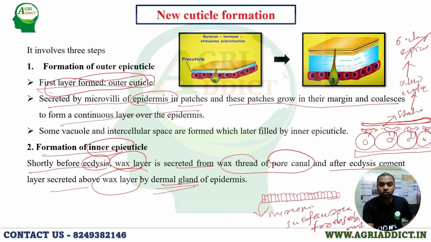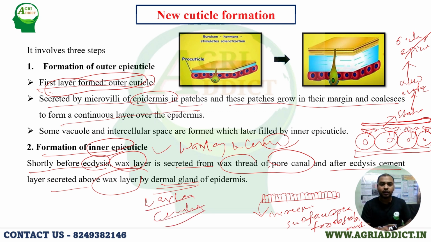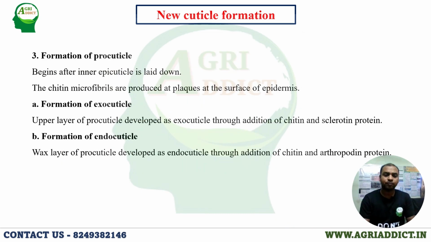So inner epicuticle contains mostly wax layer and cement layer. Just before ecdysis, this wax layer and cement layer are formed in this inner epicuticle. Another thing is the formation of procuticle.